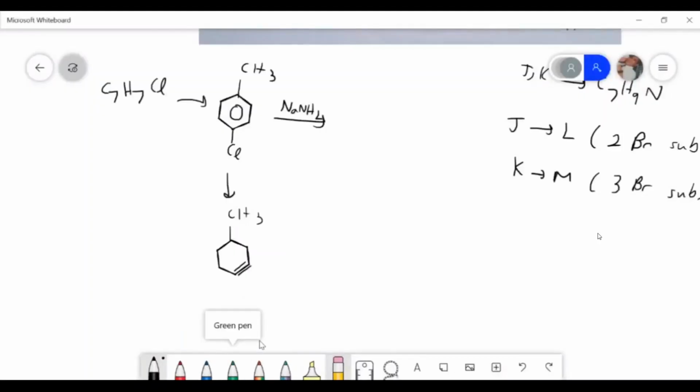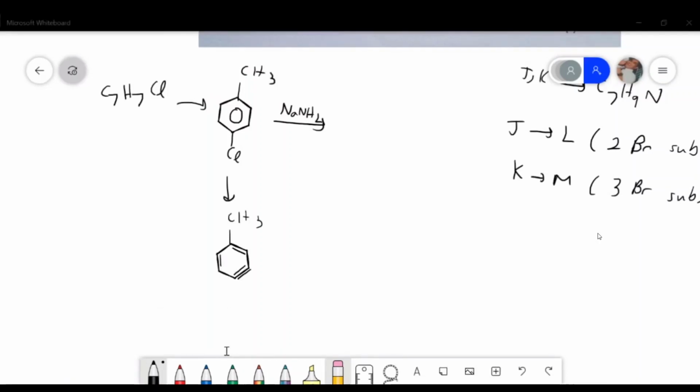Anyway, the triple bond will be there, and the other two bonds will be here. Do you guys get that? That will be the intermediate for this reaction, because in the first part we learned that the reaction proceeds via the benzyne intermediate. Does it make sense?